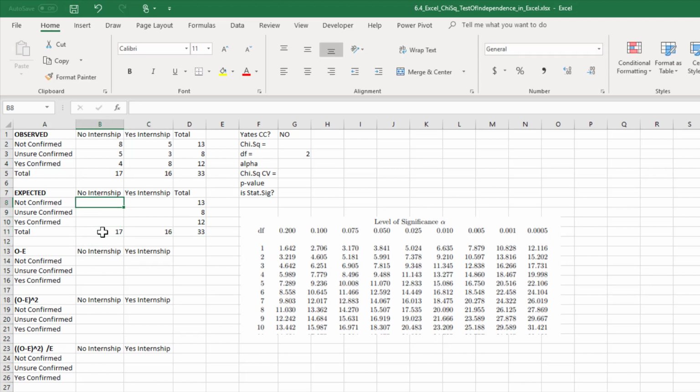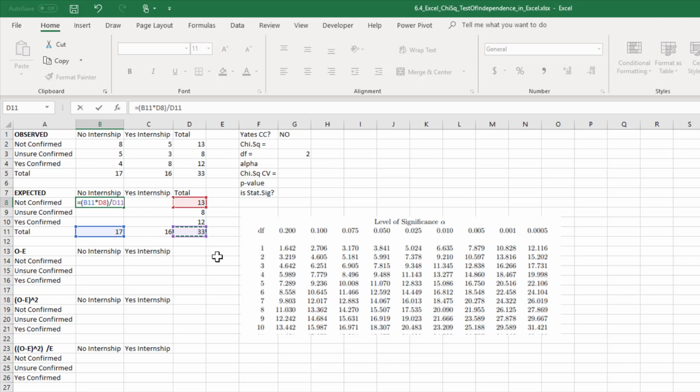Now, to find the expected value for those that did not have an internship and did not confirm if they want to work in that industry, start with an equal sign, open a parenthesis, and take the column marginal total of 17 and multiply that by the row marginal total for not confirmed, which is 13. Close the parenthesis, divided by the grand total, 33.